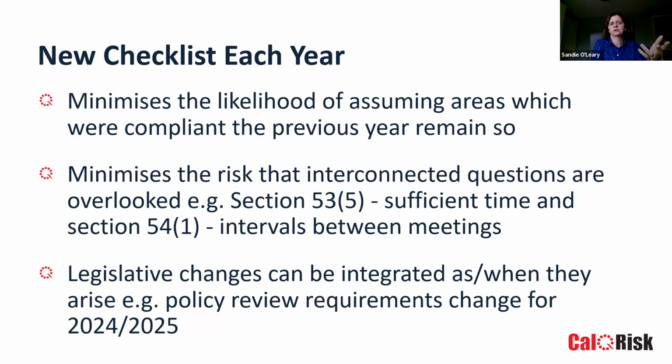So for example, section 53.5 refers to the board directors having sufficient time for their roles, and section 54.1 refers to the maximum interval between meetings. If, for example, they were both compliant the previous year, and you look at 54.1 and go, okay, we had to reschedule a couple of meetings due to quorum issues, is that suggesting that they maybe don't have sufficient time?